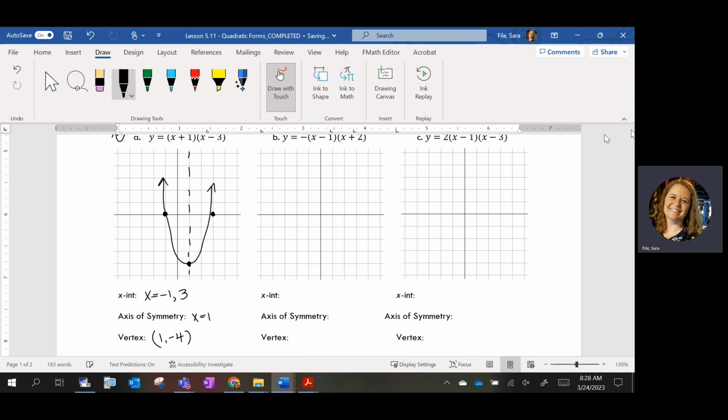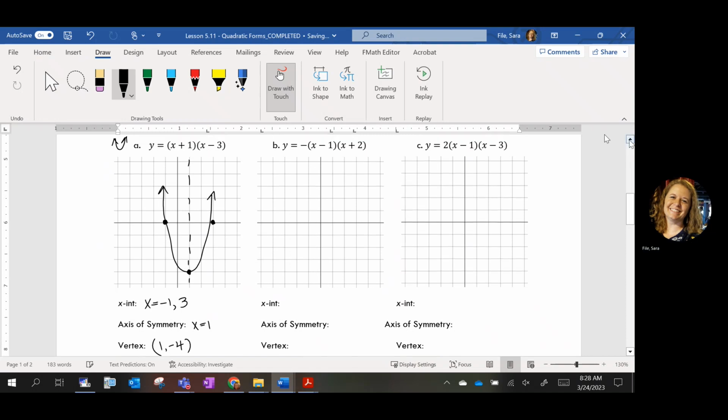Okay, so if I do the same thing for b, what are the solutions? What are the x-intercepts if I solve each of these factors? 1 and -2. So +1 and -2.